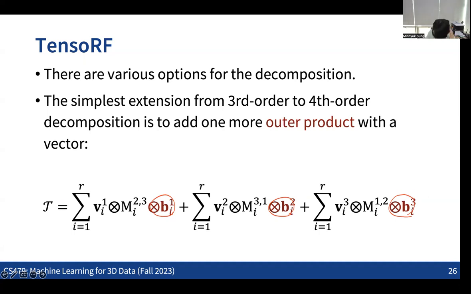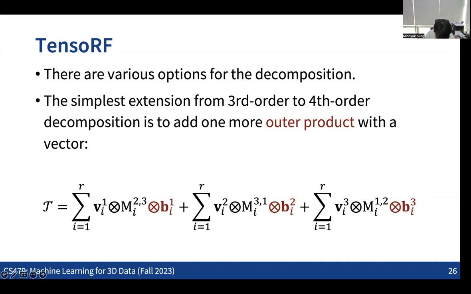And this is a sum of low rank components. So these are some algebraic ways to compress all the information encoded in either the third order tensor or the fourth order tensor.